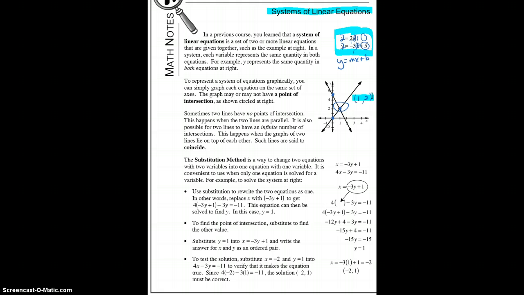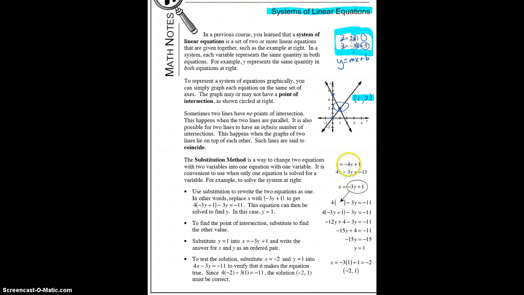Now, what you learned how to do in algebra were methods non-graphically. One of those methods happens to be the substitution method. It's a way to change two equations so you have one equation in terms of one variable equal to that single variable by itself.